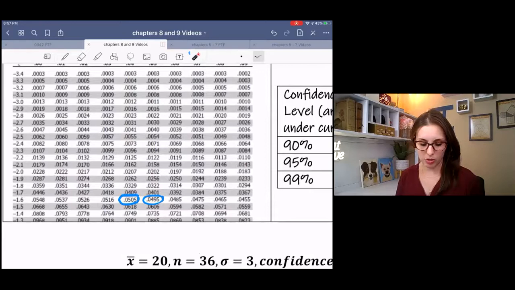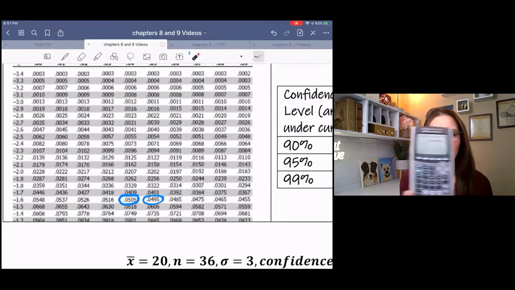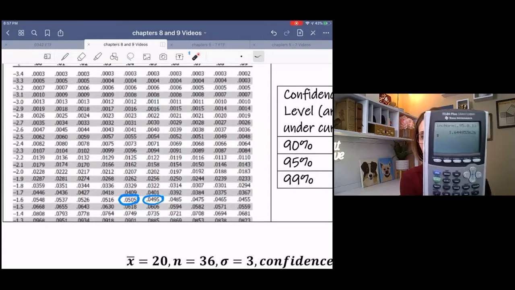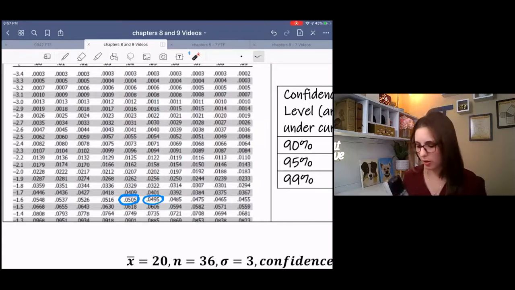You'll go to second vars, down to inverse norm. My area is 0.95, my mean is 0, my standard deviation is 1, enter, 1.645. And that gives me the positive value that I was actually looking for. So that one's a little more accurate. You don't have to do any guesswork there.